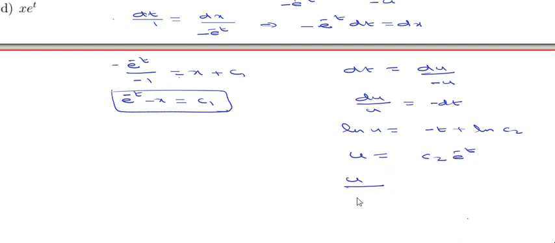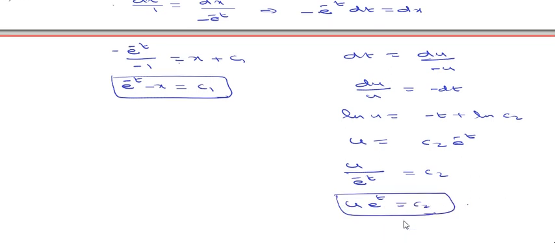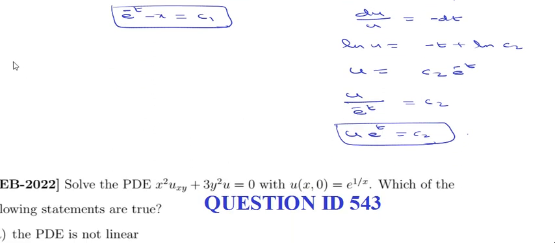So that is u by e power minus t equal to c2, that is nothing but u e power t equal to c2. So this is the second function. So the solution is phi of c1 comma c2 equal to 0. So that is phi of e power minus t minus x, comma u e power t equal to 0.